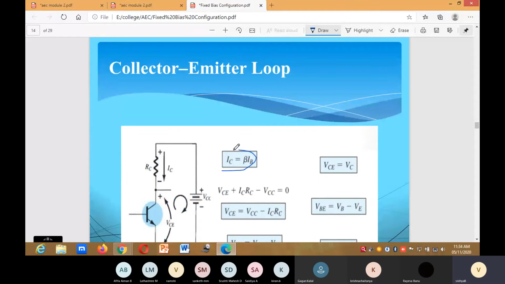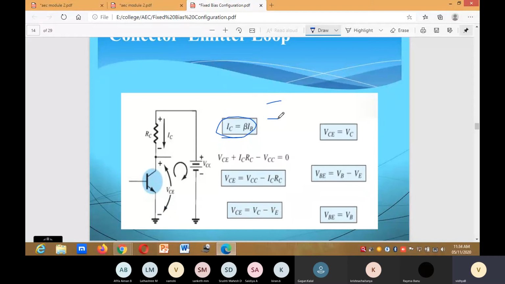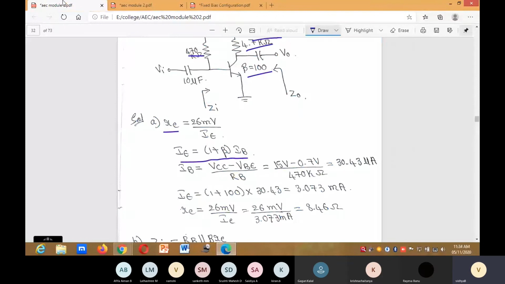Here IC is equal to beta into IB, but IE is equal to IC plus IB. We want it in terms of IB, so we have written it like this, 1 plus beta into IB.